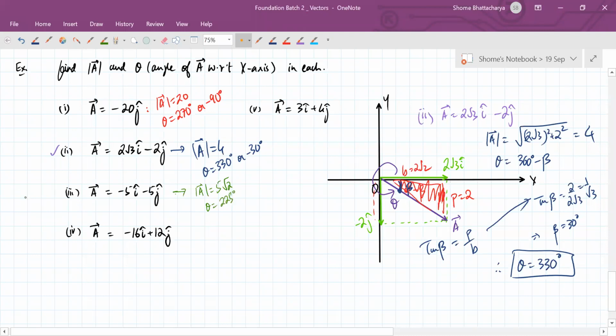Okay, so this one is in third quadrant, this one is in fourth quadrant, this one is in third quadrant again. I mean in between third and fourth, you can say. This one is in second quadrant because cos is negative and sin is positive. So work it out quickly what we'll get for this. And this one is in first quadrant. This one is the easiest of the lot.